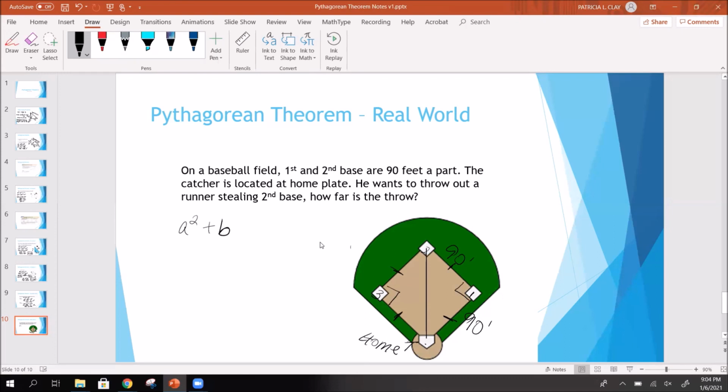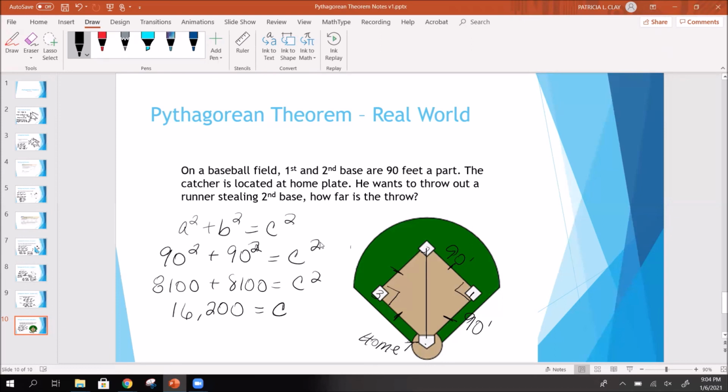A squared plus B squared is equal to C squared. So we have 90 squared plus 90 squared. Whoopsie, not a degree. Is equal to C squared. So 8100 plus 8100 is equal to C squared. So add those two together, you get 16,200 is equal to C squared.